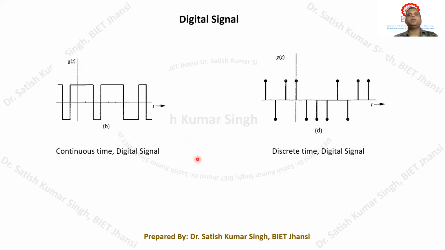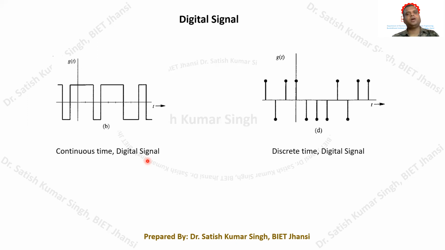Now if you understood this, I just wanted to make you aware that whenever we talk about digital communication, you may be confused that if it is a continuous time digital signal, then maybe time discretization is not required. But you will find that in most cases, when we convert an analog message signal into a digital signal, we need to perform both time discretization as well as amplitude discretization.